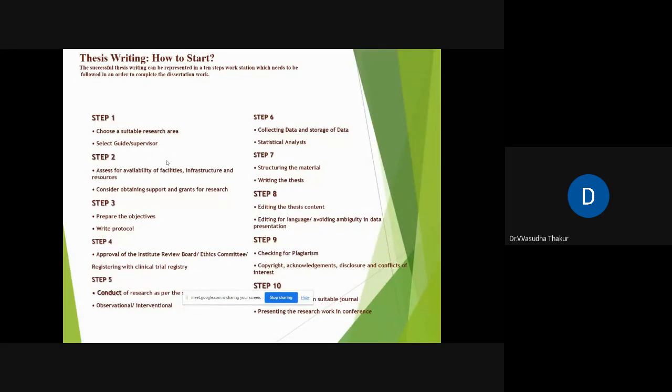As low as 5% plagiarism is excused by the university. As low as 5%. It is not the exact number which I'm quoting. Again, here it differs from one university to another, college to college; the number may change. So it should be as low as 5%.